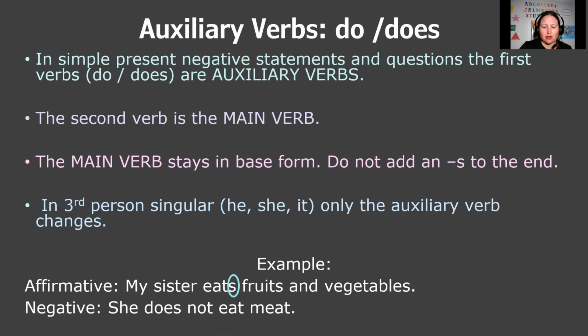That is the main verb. In negative, the S is on does. Eat does not have an S in the negative. So for negative, put the S on the first verb for he, she, and it, not on the second verb, which is the main verb.